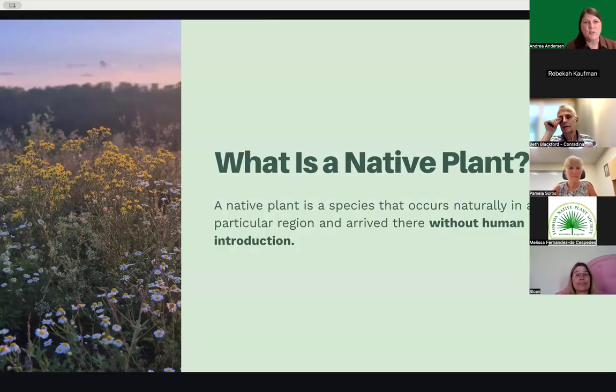So there are 2 essential parts to this. A native plant occurs naturally in a particular region, but native is always going to be tied to a specific place. So it's not just simply native or non-native, it's native to somewhere. And that took me a while to understand when I first started with native plants.